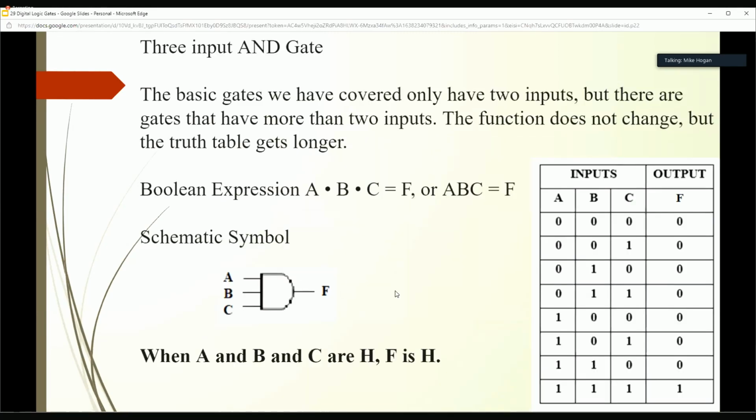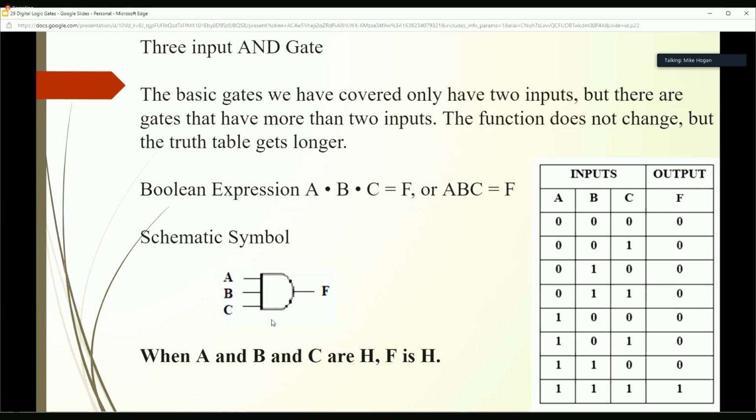We talked about having 3 inputs. Nothing changes with 3 inputs other than just having another input and having a larger truth table. Remember the formula 2 to the n, where n was the number of inputs, is going to give me how many unique combinations I can have and how many different outputs I can have. So it's just a larger truth table, but the rules are still the same.